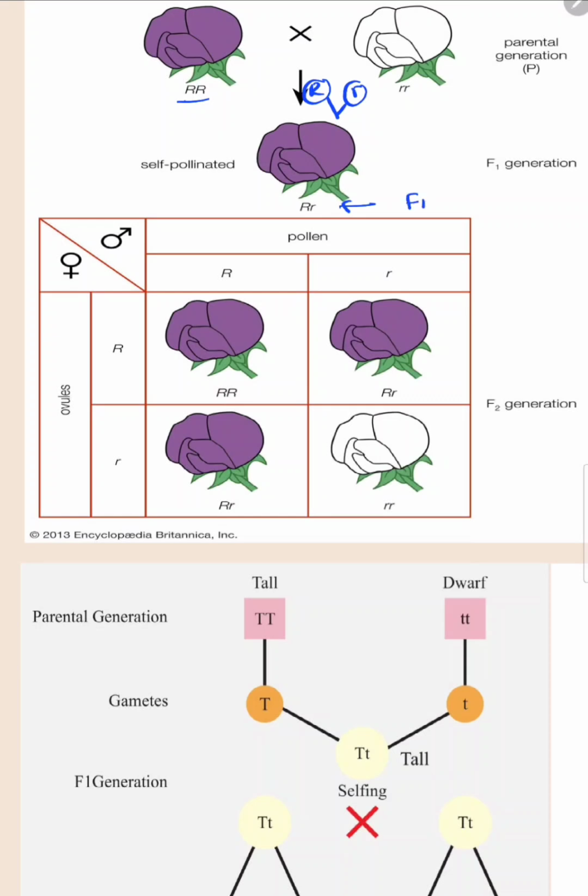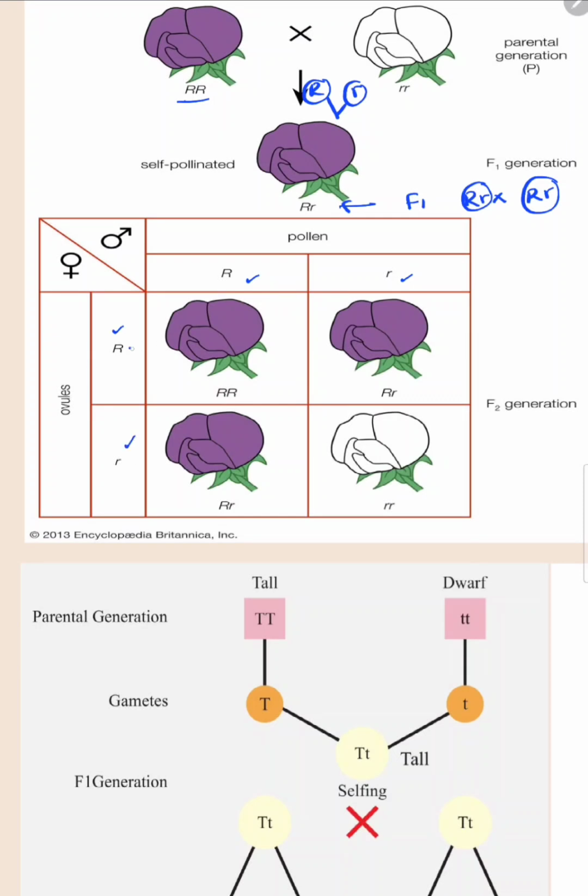If you want to take the F2 generation, that means the second generation, you have to cross a capital R, simple R flower and a capital R, simple R flower together: capital R, simple R pollens and capital R, simple R ovules.